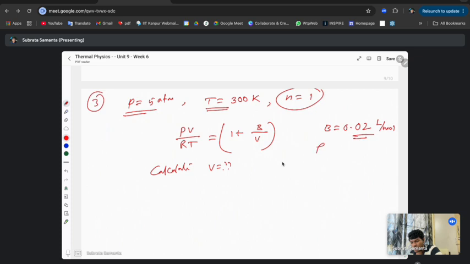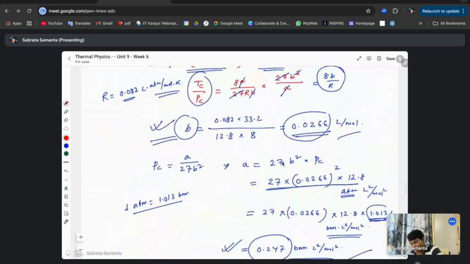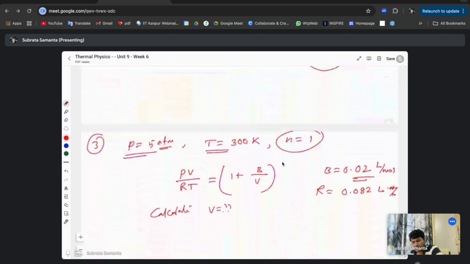The R value is also given. Since all are in liters and atm, you have to use R as 0.082 liter atm per mole per Kelvin.